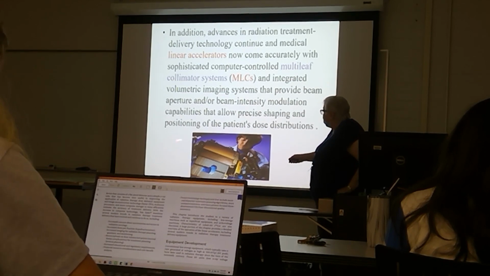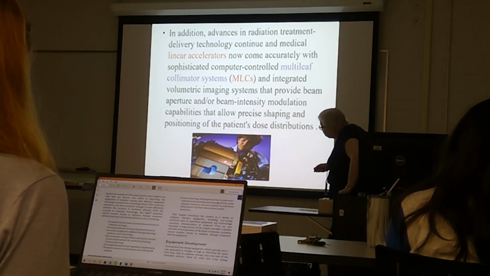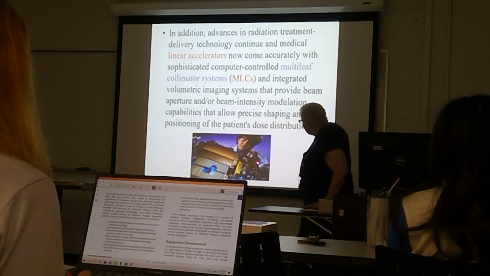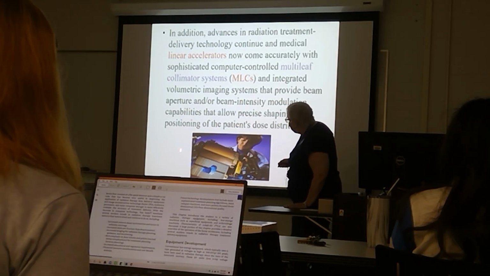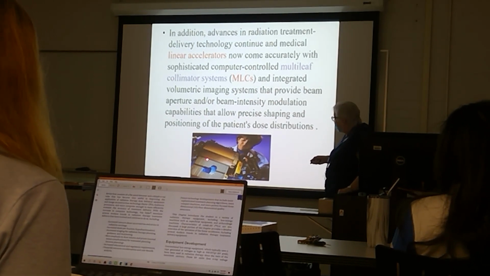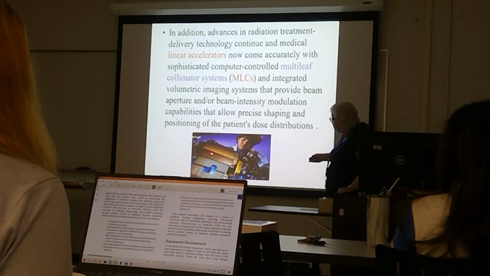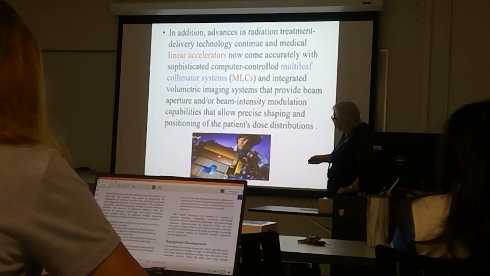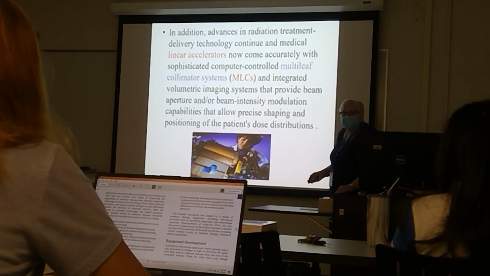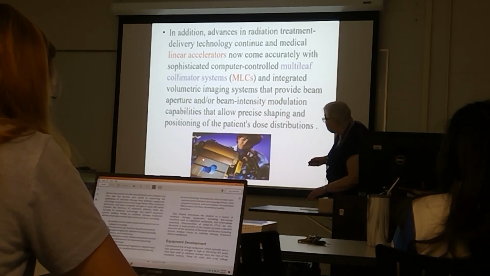So here is the MLC. This is what it looks like outside of the machine. These are the leaves here. Underneath this cover are the motors for each of these leaves.